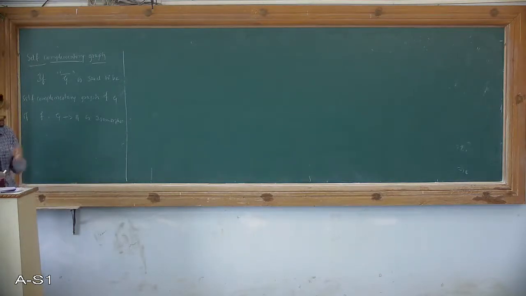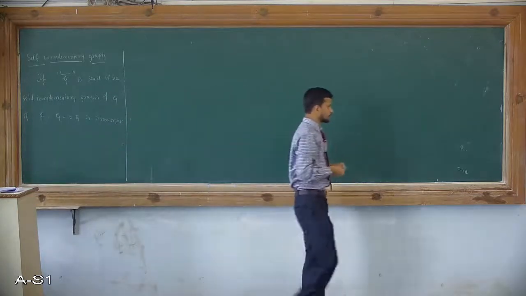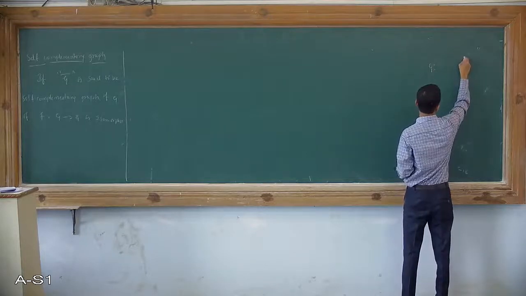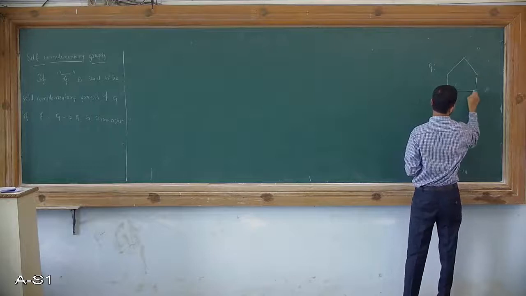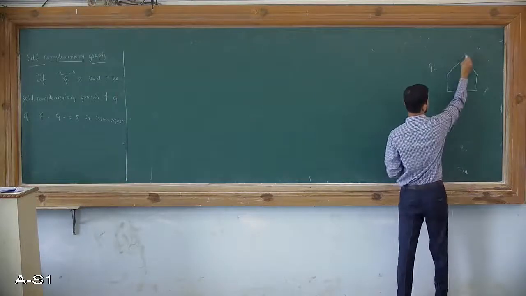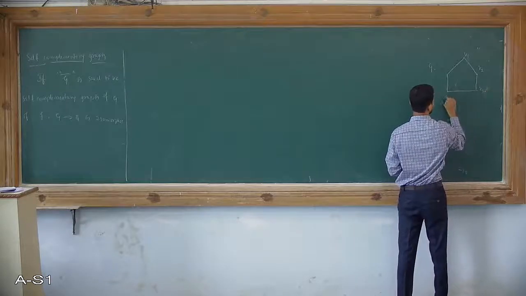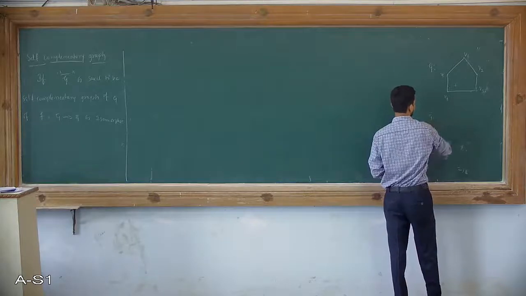Now, right now we have considered one example here, that is G. I'll redraw the graph once again. This is the graph G that I have considered, with vertices V1, V2, V3, V4 and V5, and this is its complementary graph.